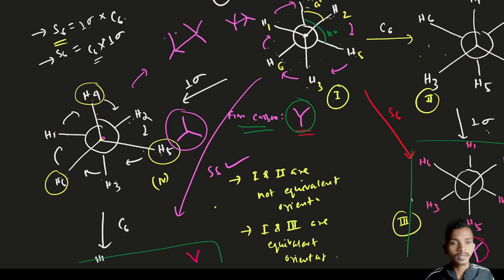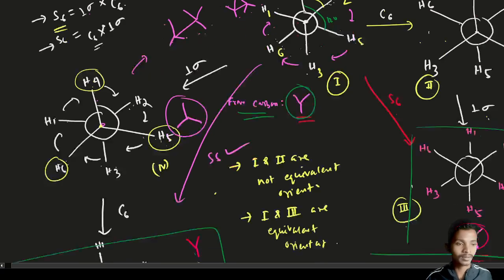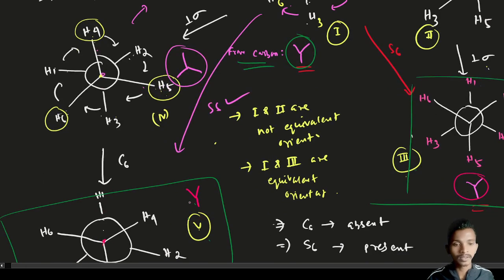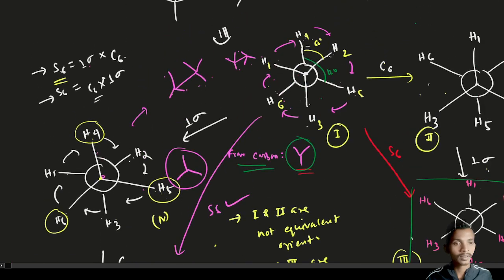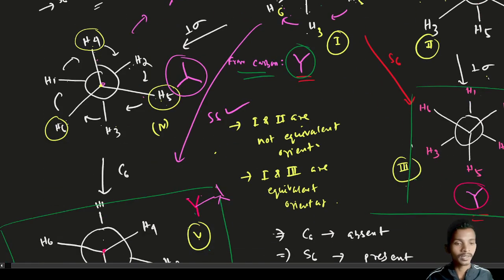So here an atom is there, here an atom is not there, here an atom is there, here an atom is not there. So these and these are not equivalent. But you see that here front is like this and back is like this. So here an atom is there, here also an atom is there, here an atom is there. So these and these are equivalent, but this and these are not equivalent.